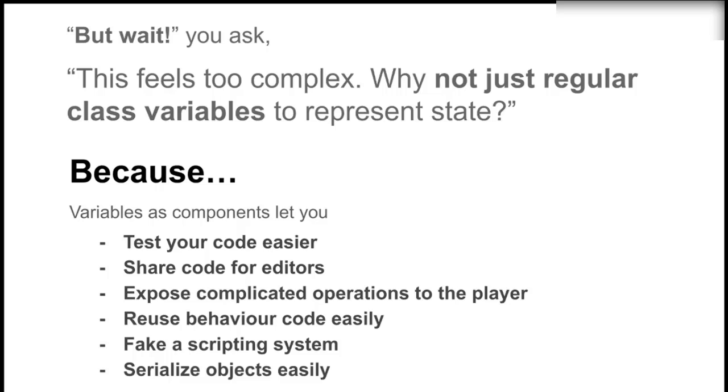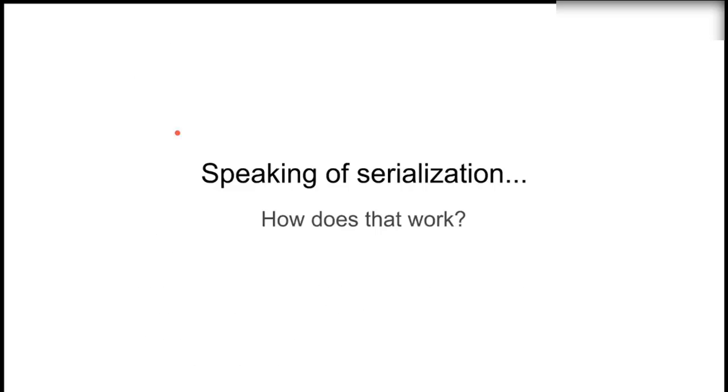You can implement a scripting system pretty easily, and it's actually now pretty straightforward to serialize these objects because the only thing that you need to serialize on the entire instance are the property values. Because, like I said, that's what actually makes them unique. And I mean, you could do all that if they were class variables, but I think it would be harder.